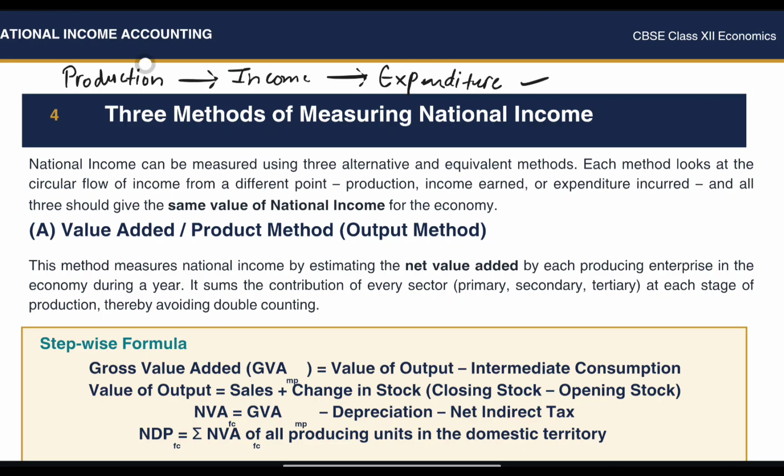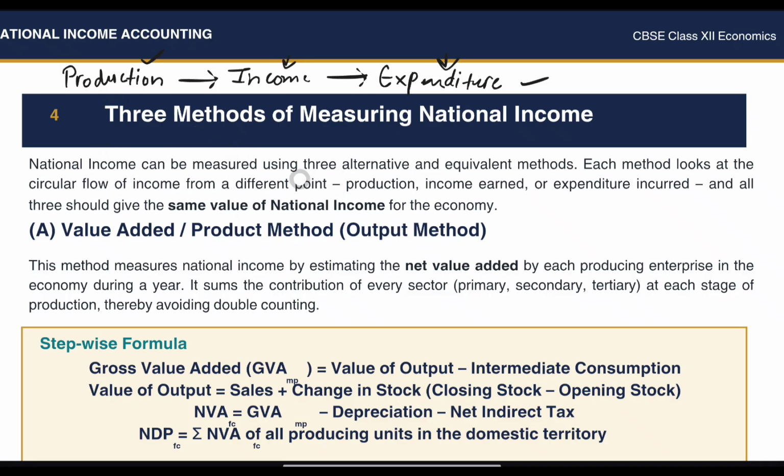Whenever goods are produced, someone earns money by production, and that producer will then spend that money on something else that he wants. So there are 3 different ways of looking at the same economic activity, and the first method is the value added or product method.